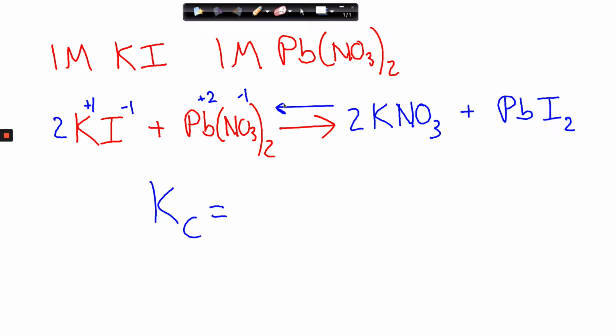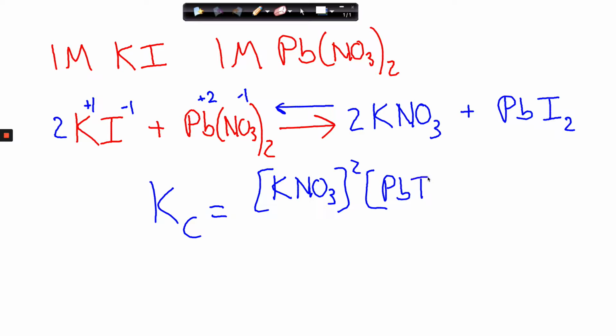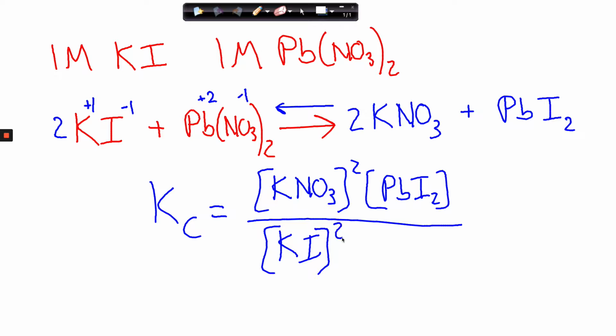So guys, this is important. This is the part that's going to bite you in the butt in the next unit. Check this out. So KNO3 squared, PbI2, KI squared.